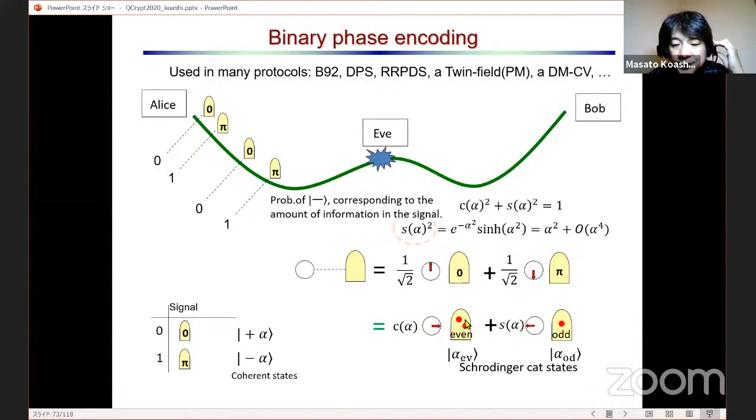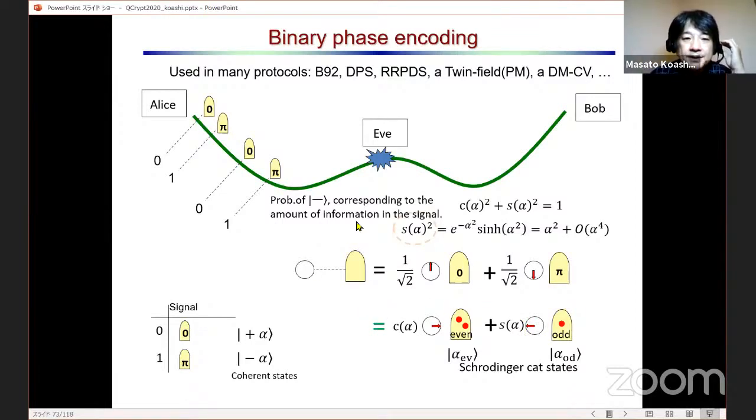Even though there are two photons here, the main contribution for this state is actually the vacuum state when alpha is small. And this coefficient, S alpha, is defined like this. If alpha is small, it's almost equal to alpha squared, which is the probability of having a single photon here. So the probability of having the minus state in Alice's qubit is almost equal to the probability of emitting a single photon here.